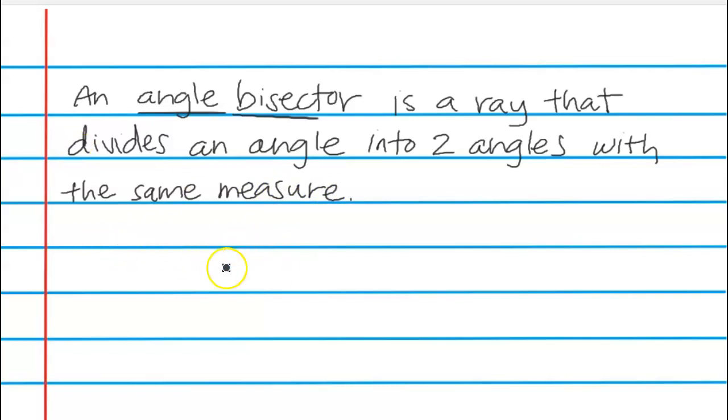Okay, and let's get an image of what that's going to look like. So I'm going to draw my angle here. Oops, let me get that going a little better. All right, so this is going to be angle ABC. All right, and then my angle is being bisected.